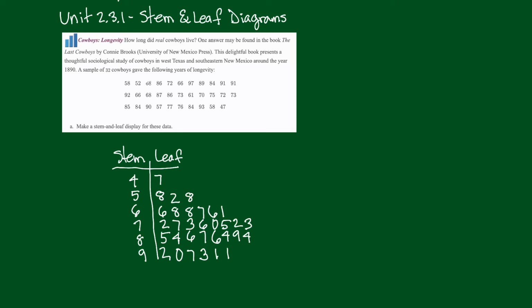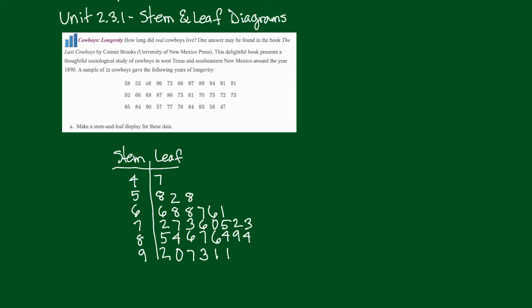And then we had 6 cowboys living to 66, 68, 68, 2 of them to 68, a 67, a 66, and a 61. All right? And I've got this drawn so that it lines up. Let me get rid of those.